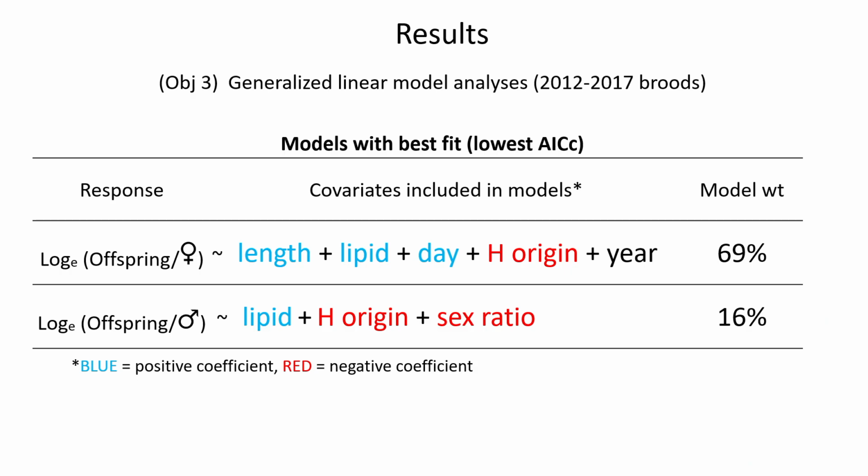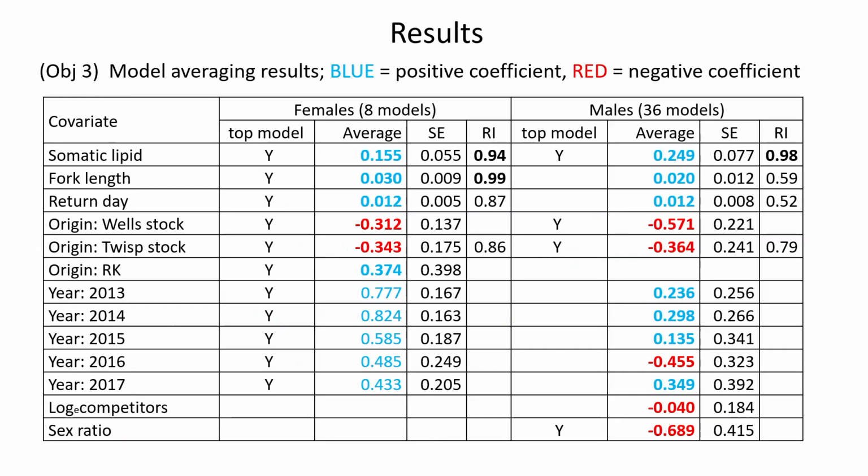And what I wanted to point out here is that there's quite a bit of uncertainty in the model selection, especially for males. Only 16% of model weight is in this top model. So here we're looking at the model averaged coefficients, and the thing I wanted to show is this RI, which is the relative variable importance.